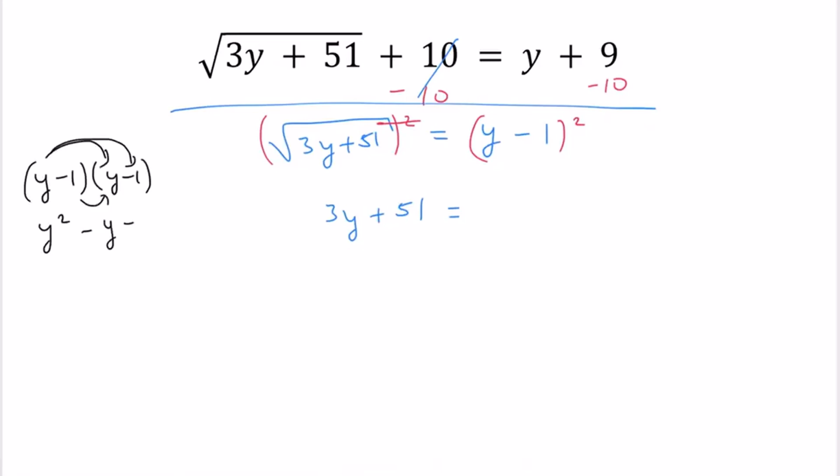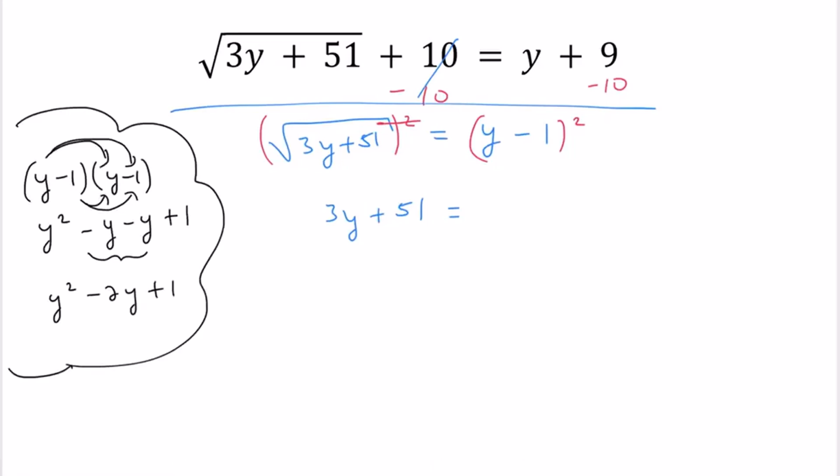Negative 1 times y, so another negative 1y. Negative 1 times negative 1, so positive 1. Combine the middle terms, so we have y squared minus 2y plus 1. We have 3y plus 51 is equal to y squared minus 2y plus 1.